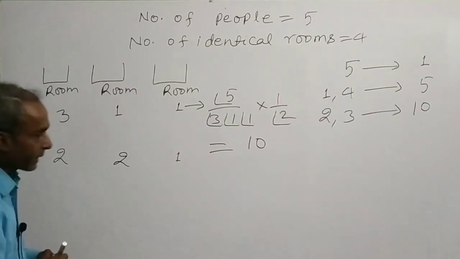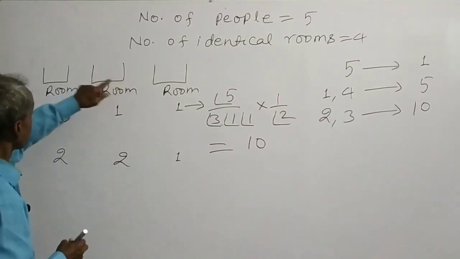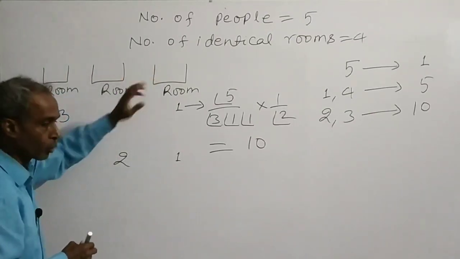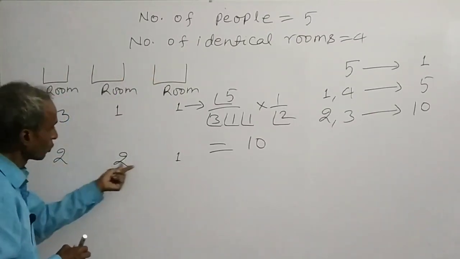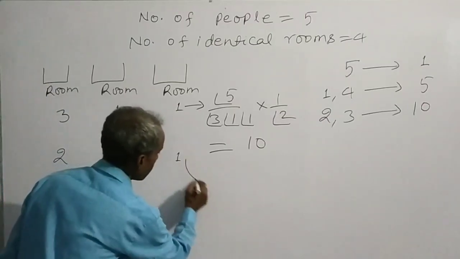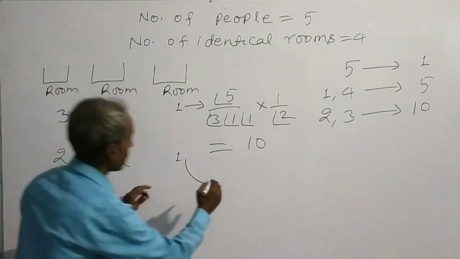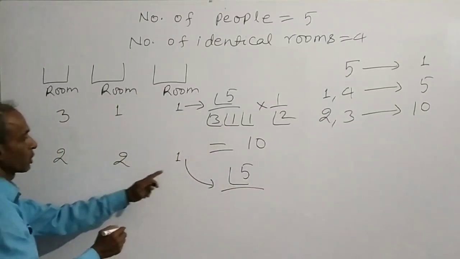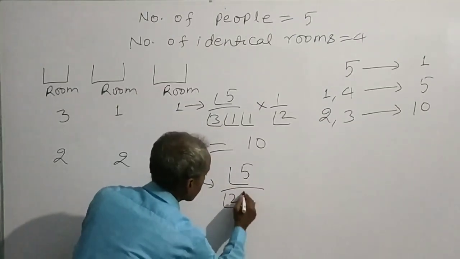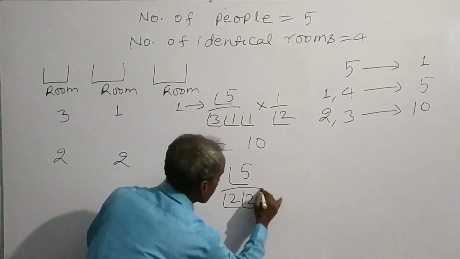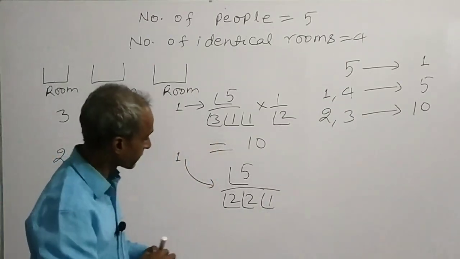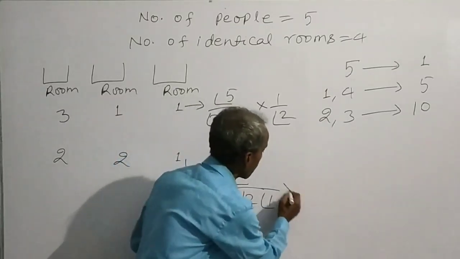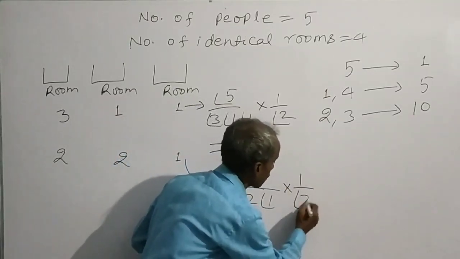The number of ways of distributing people in these 3 identical rooms in numbers 2, 2, 1 will be equal to factorial 5 by factorial 2, factorial 2, factorial 1. Since the number of things in 2 rooms are equal, therefore we will divide this by factorial 2.